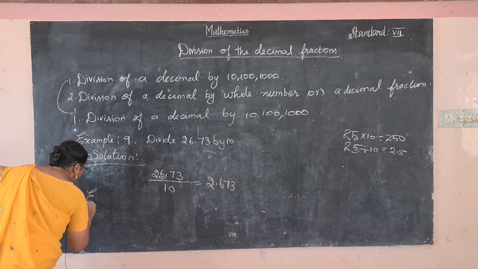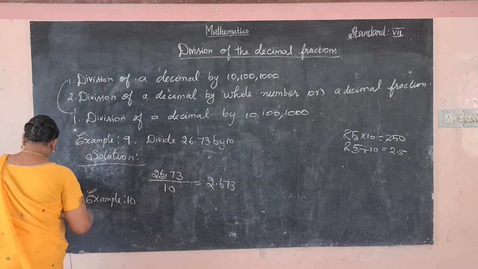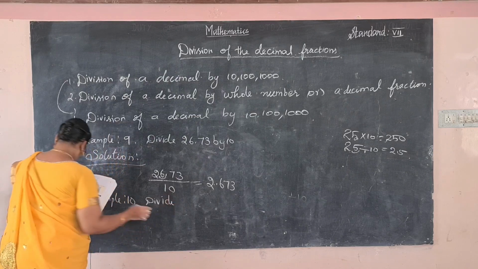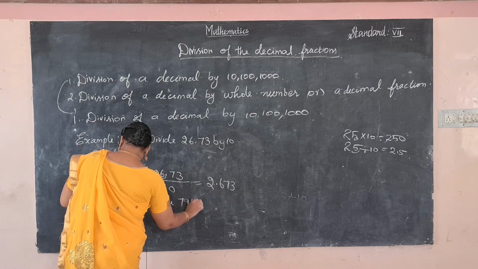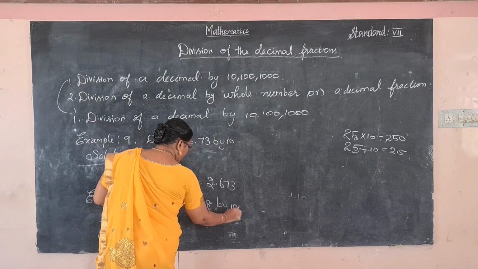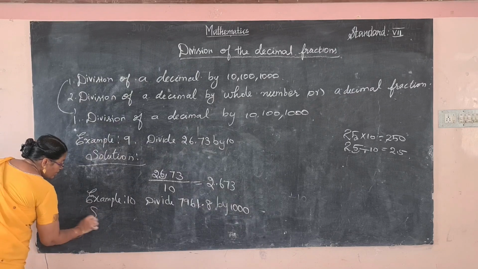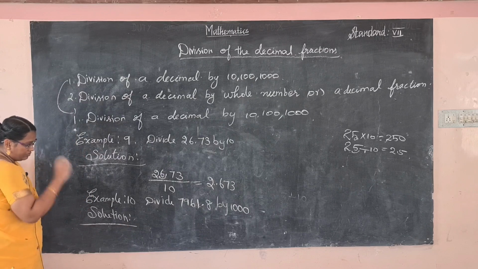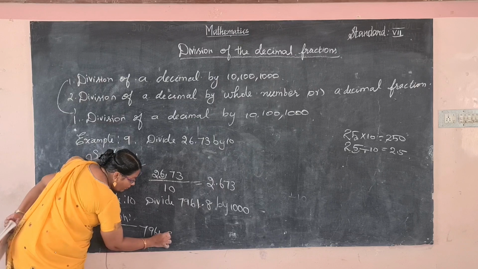Okay, the next one. Example 10. Divide 7961.8 by 1000. Solution. What is the dividend? 7961.8.